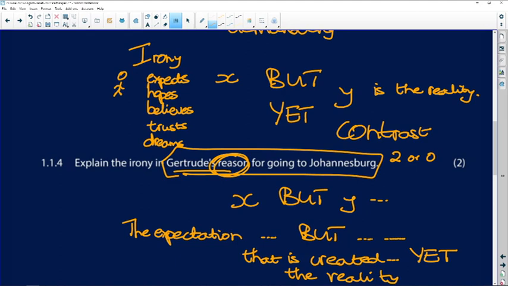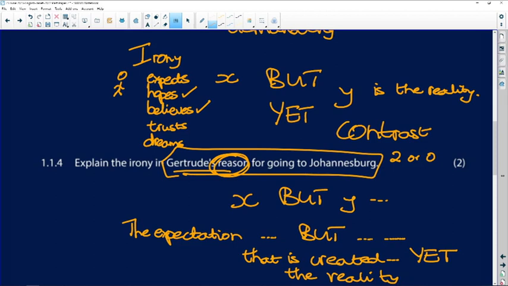You get naught. So you have to say the expectation when she goes to Johannesburg is that she will find her husband, or Gertrude hopes that she will find her husband, or Gertrude and Stephen believe that she's going to find her husband, but she never finds him and she herself finds many husbands.